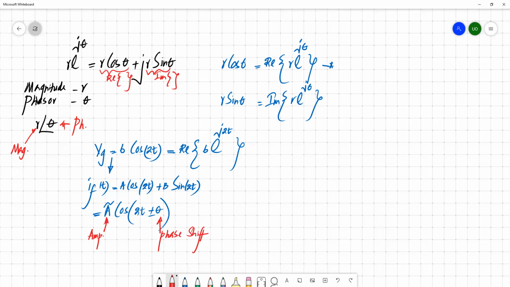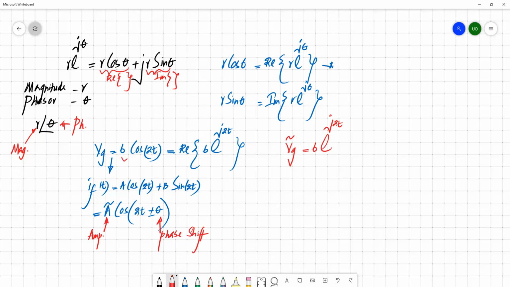Okay, so what we can simply do is argue that 6 cos 2t equals the real part of 6e to the power j2t. So we can assume a scenario where our source is a complex exponential function, 6e to the power j2t.